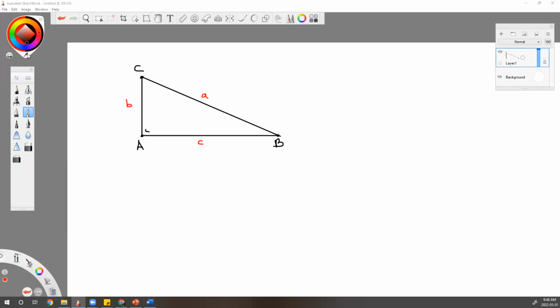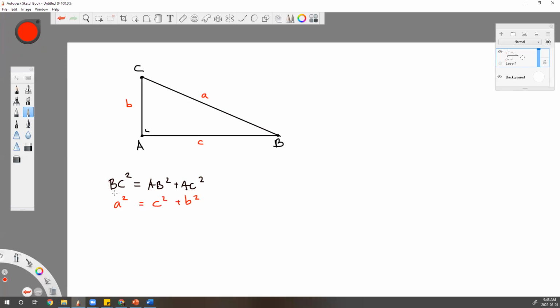Now, I want to give you another perspective of the right angle triangle. The hypotenuse is a, right? It can be written as BC. BC squared equals AB squared plus AC squared, or this, what we already learned just now, a squared equals c squared plus b squared, right?